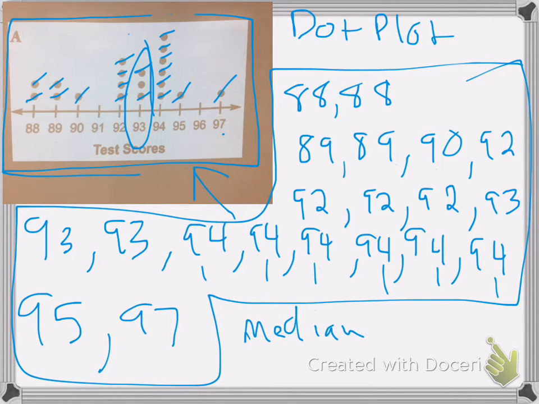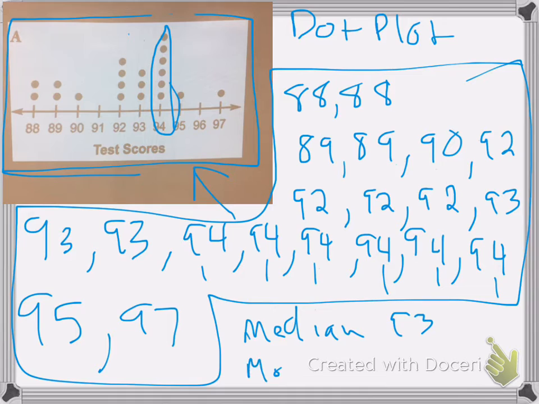Now the mode is pretty nice on this one, because if I look at my data, which one happens the most? Well, 94 happens the most. So it was 93 for the median and the mode was 94.